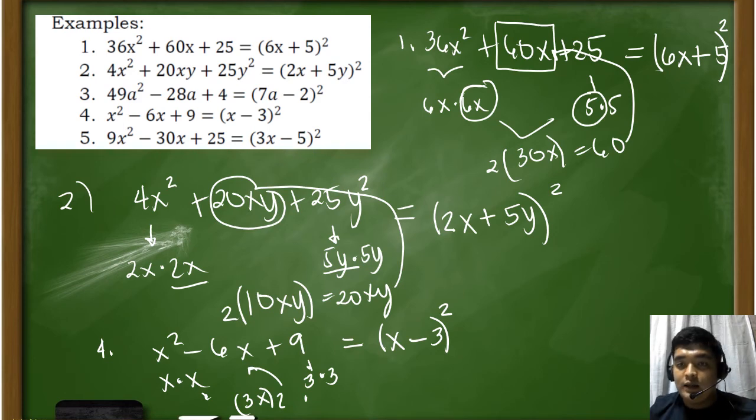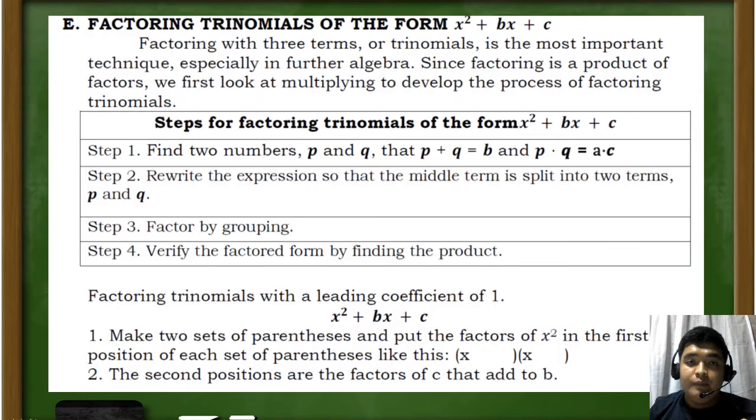Okay, next is factoring trinomials of the form x squared plus bx plus c. Factoring trinomials is the most important technique, especially in further algebra. Since factoring is a product of factors, we first look at multiplying to develop the process of factoring trinomials. Here are the steps.